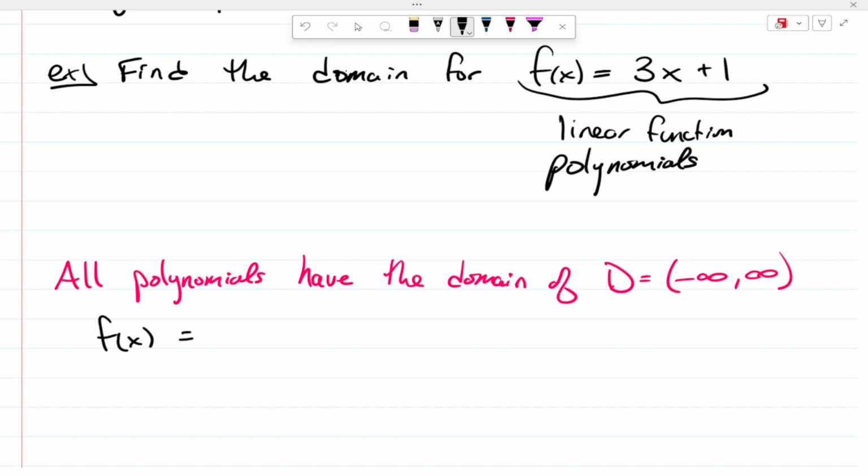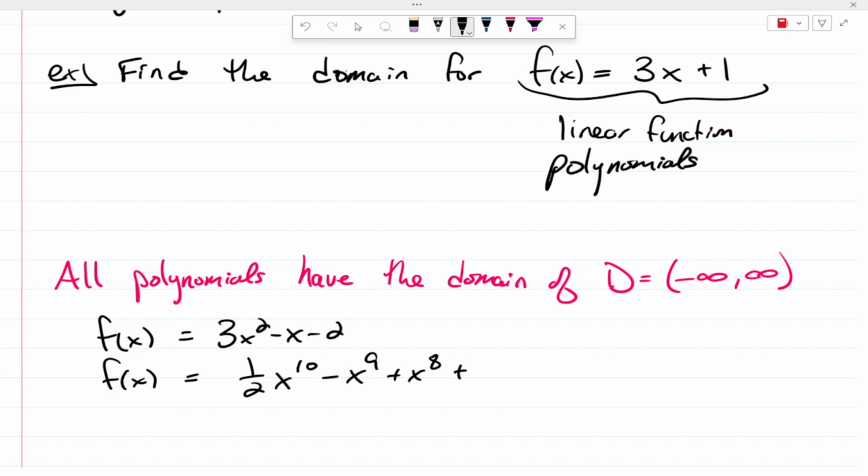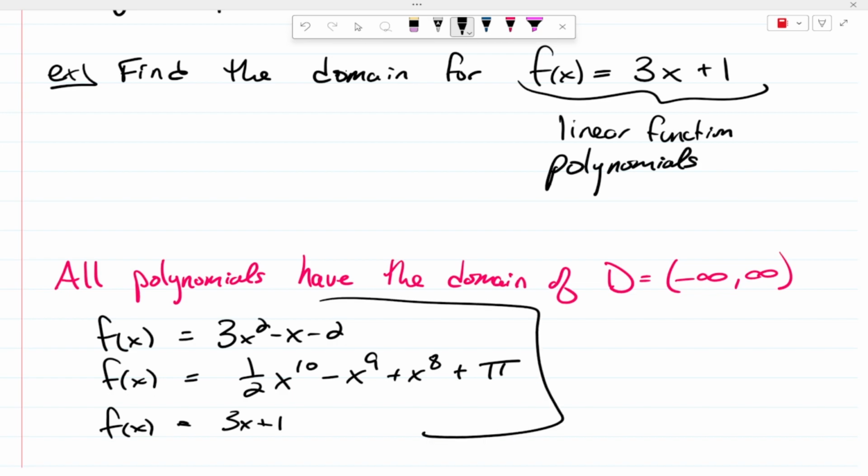So I'm just going to give you some examples real quick. These are all polynomials. Even my favorite, 3x plus 1. These are all polynomials, which means the domain is going to be negative infinity to positive infinity, no matter what.